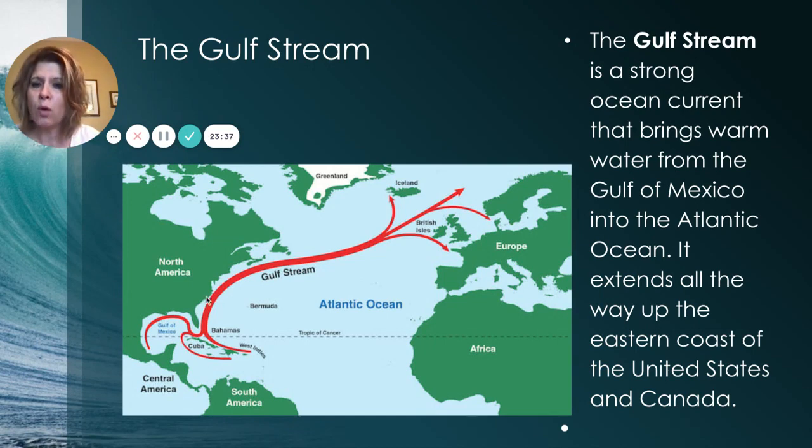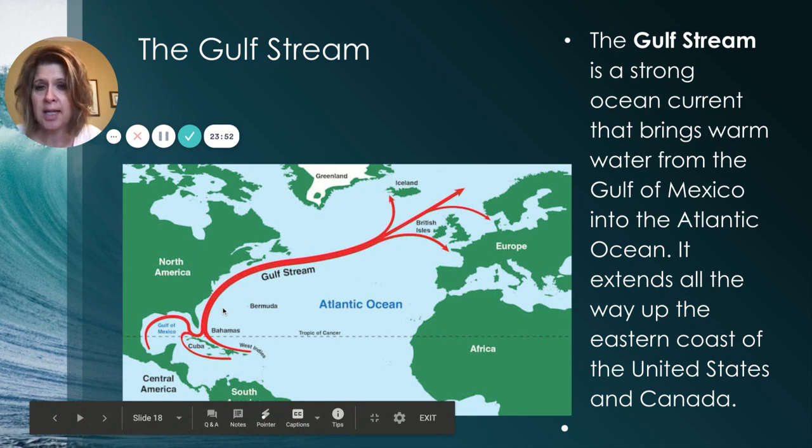That's why the waters are warmer in the summer than they are in January right now in the Atlantic. At Virginia Beach, Outer Banks, Ocean City, those waters right now would be very cold because the sun is not heating them up.